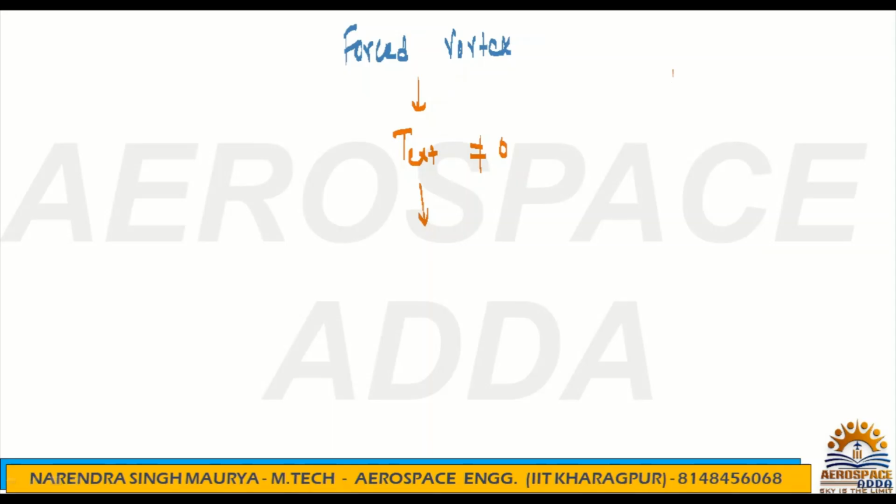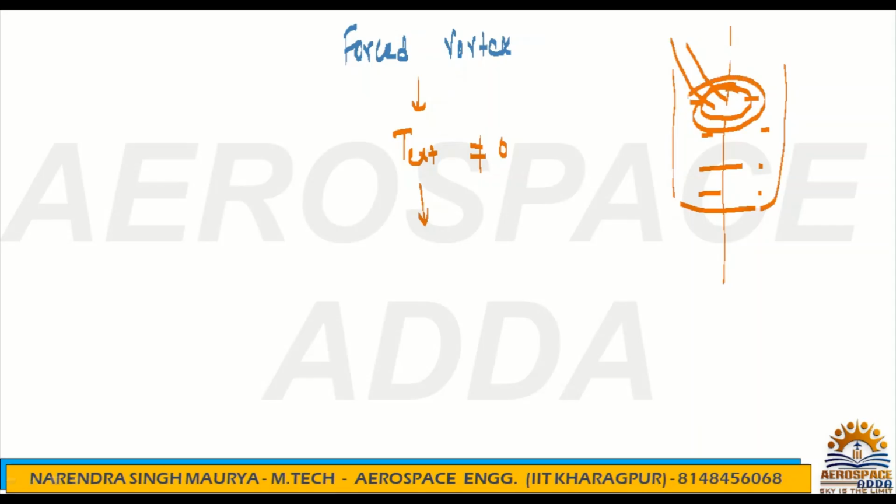As I told you last class, suppose this is a bucket of water, and you are rotating your hand in it. So the fluid will be rotating. Once you continuously rotate your hand, the fluid will continuously rotate, so the angular velocity will be constant.